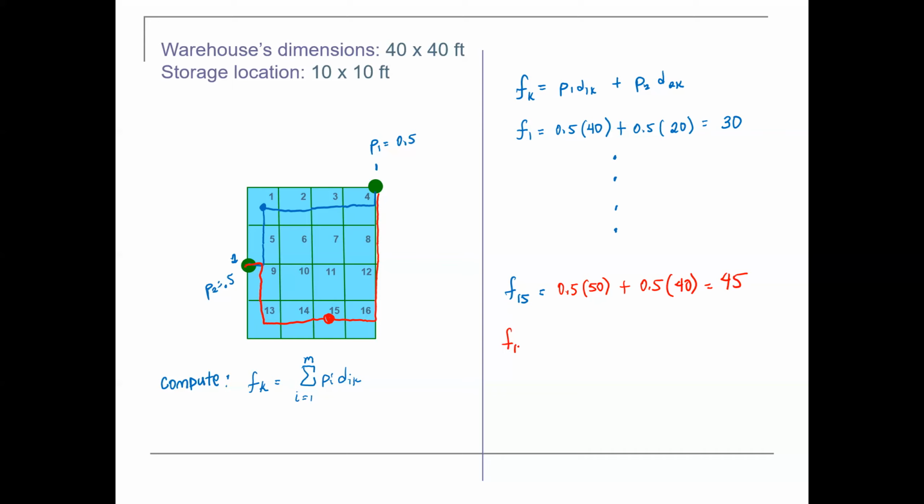And for F16, this is gonna be 0.5 times 40 plus 0.5 times 50, and it's also equal to 45. So using this information, I can fill out the values for each one of the cells.